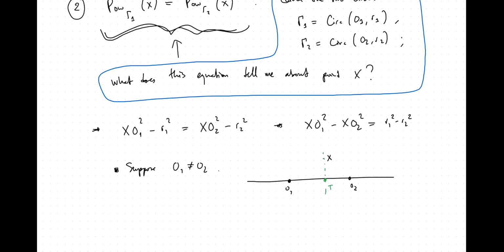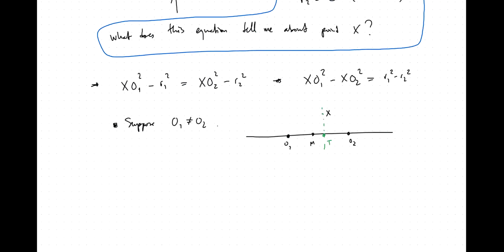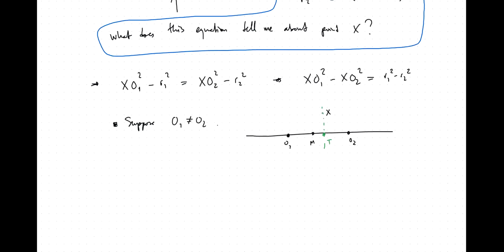So xt squared would be cancelled. So this is just equal to to1 squared minus to2 squared. And if you also look at the point M, which is the midpoint of O1O2, if you do the calculations, you can see that this should be equal to 2 times Tm times O1O2, I think, something like this.